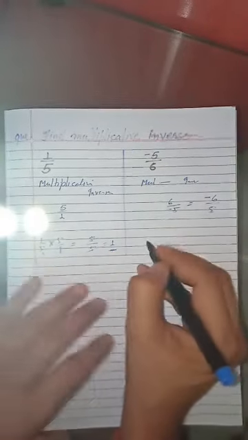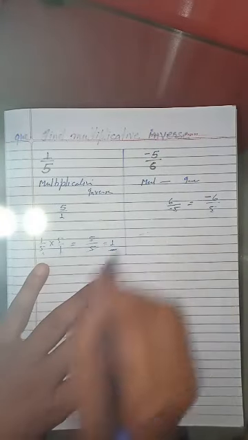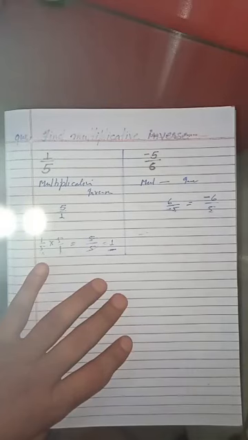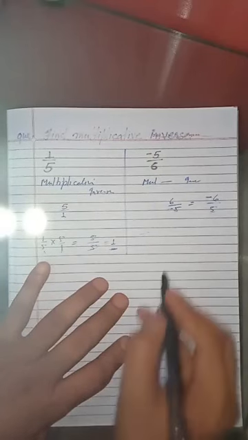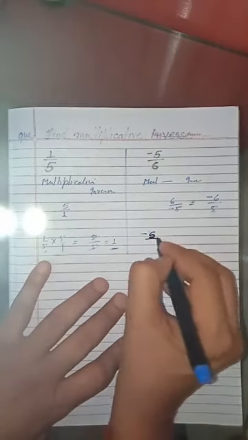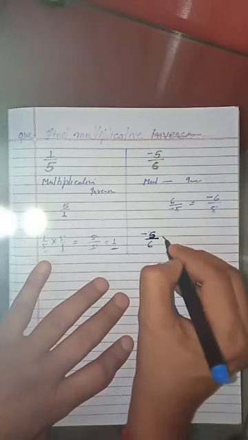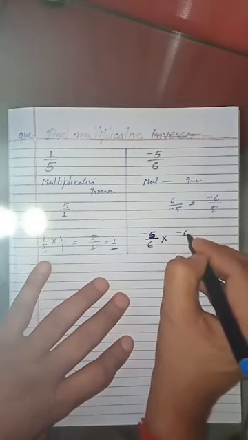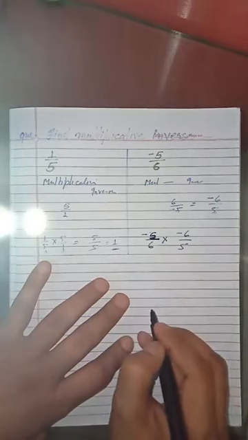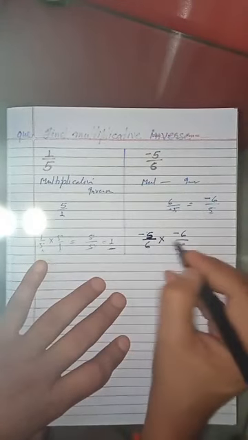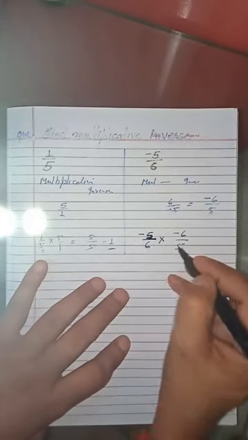Okay. Now you should check your answer. So you should multiply both the numbers, that means -5 divided by 6 multiplied with -6 divided by 5. Now multiply both the numerators and both the denominators.